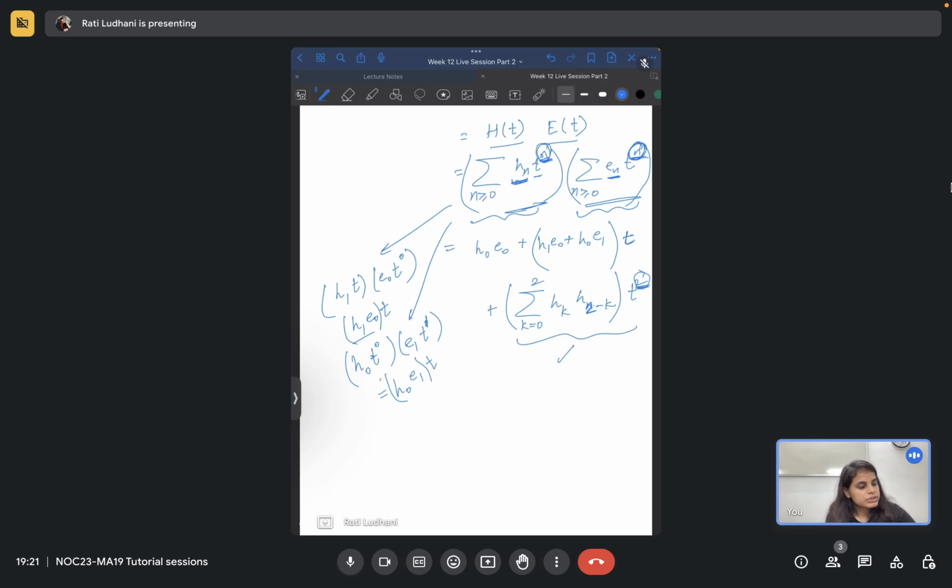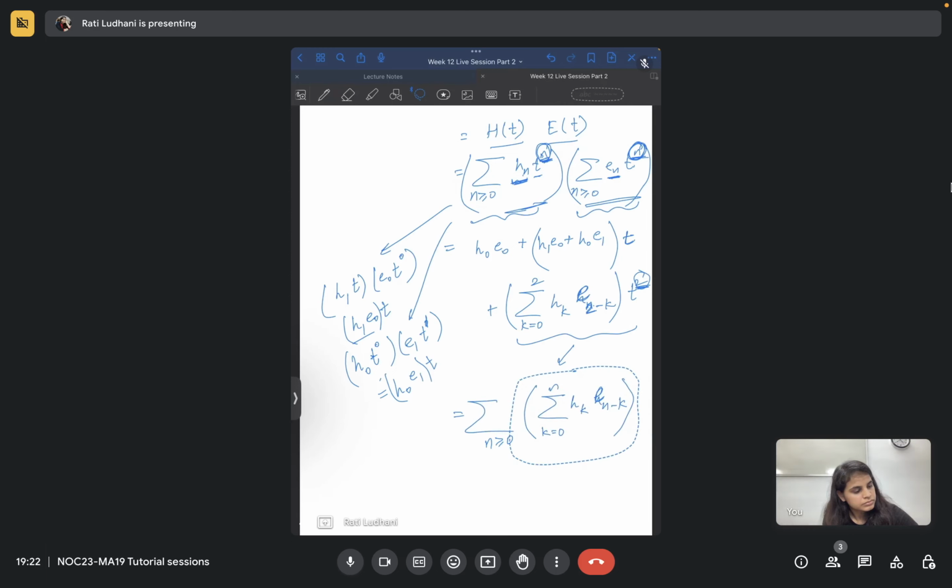If we generalize this, we can write the whole thing as a summation over n, where the coefficient is the sum for k equal to 0 to n of h_k e_{n minus k}, and here you have t raised to power n.